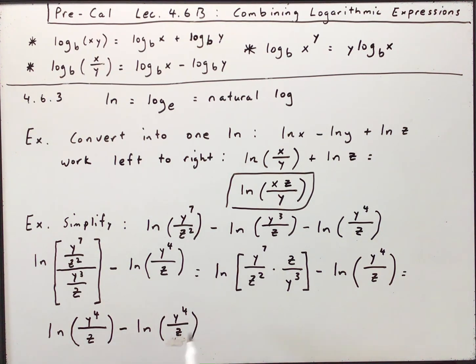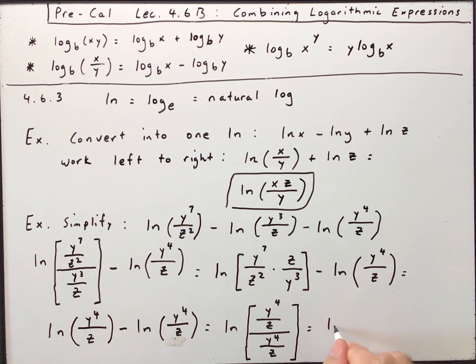Now we're going to combine these two. That's going to be the natural log of y to the fourth over z divided by y to the fourth over z. Well, that's just going to be the natural log of 1.